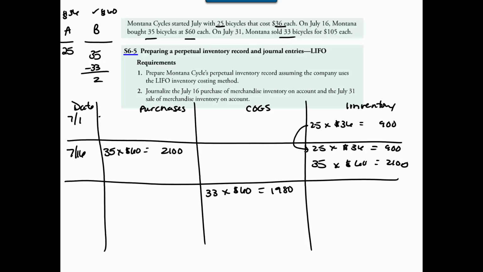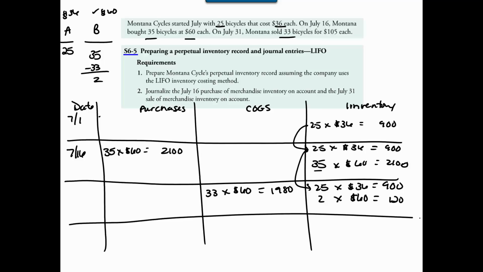And then what's left? The 25 items on shelf A are still here. So 25 times 36, $900, that's still here. And then I had 35 items, I sold 33. I have 2 left from this group of things that cost me 60, so that's 120. And so that's the 1,020.